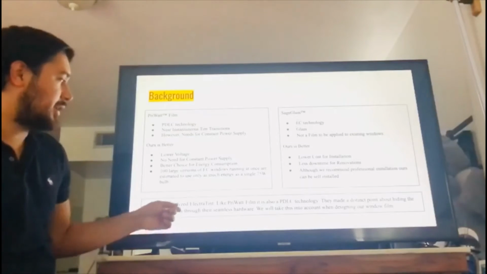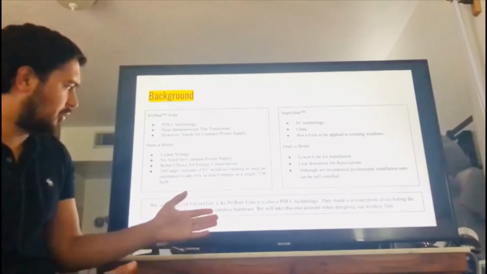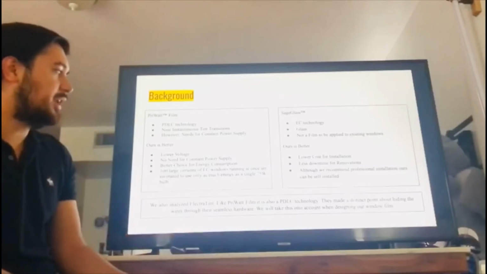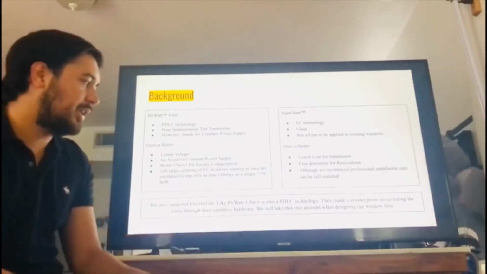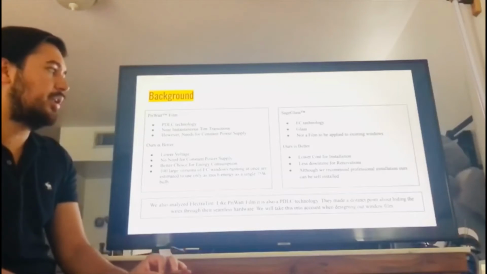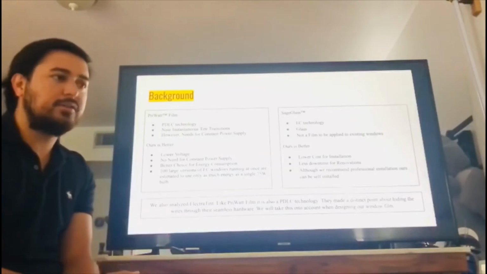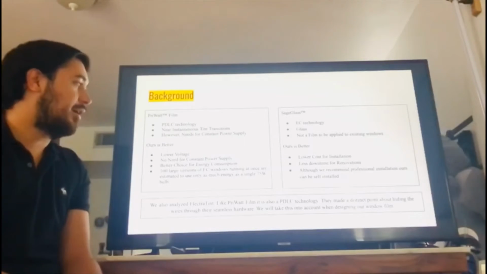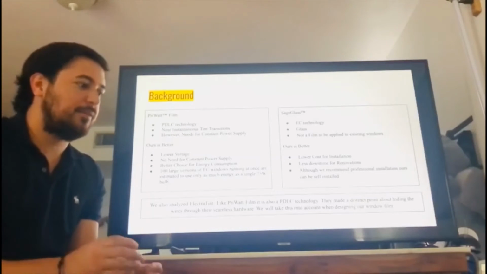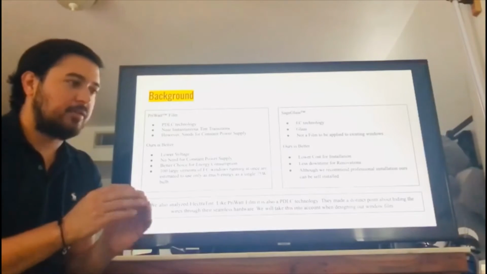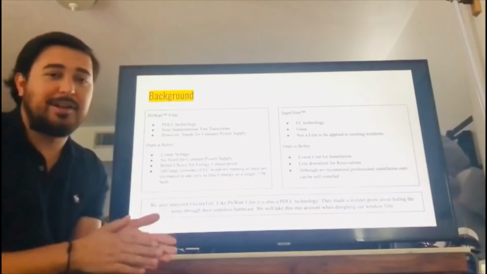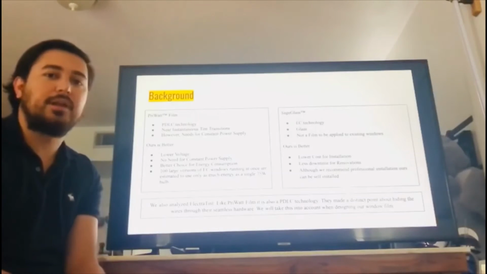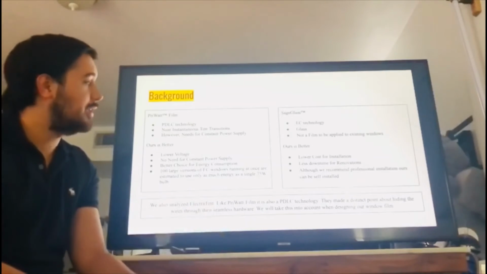We also analyzed the Electra 10. It's just like Priwatt. It's also a PDLC technology, and they made a distinct point about hiding the wires through seamless hardware, and they try to make it look very nice and in different colors, so you have a lot of options when it comes to window replacements.